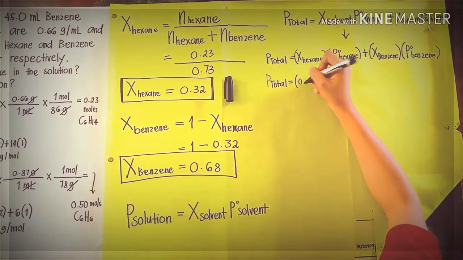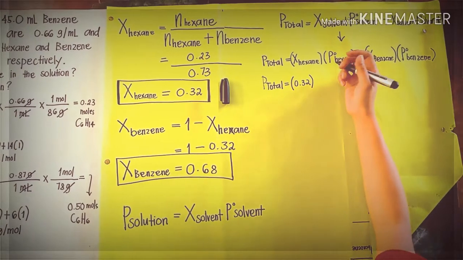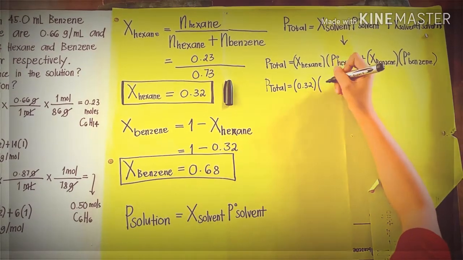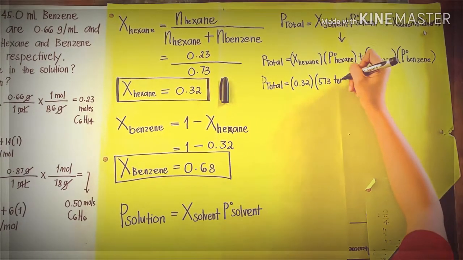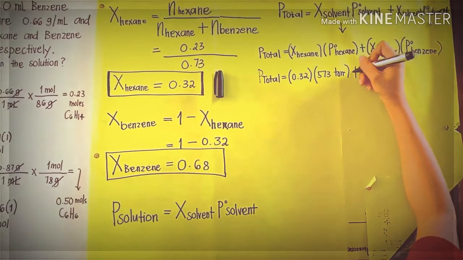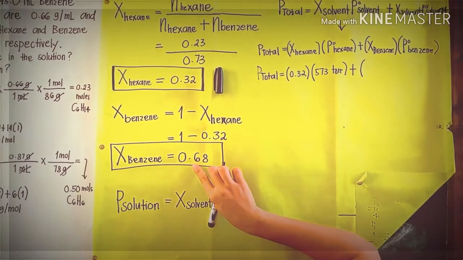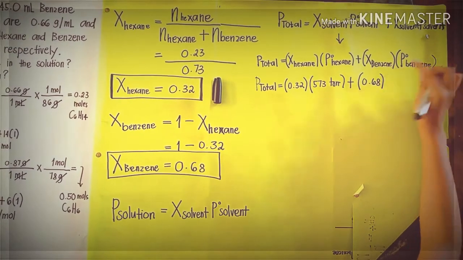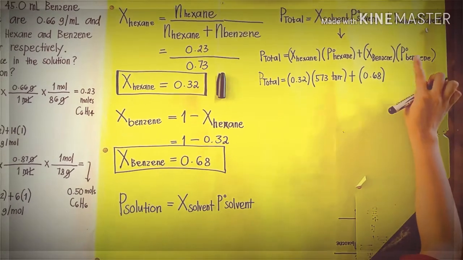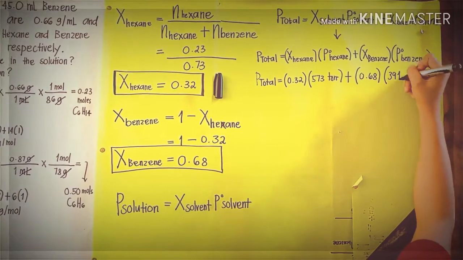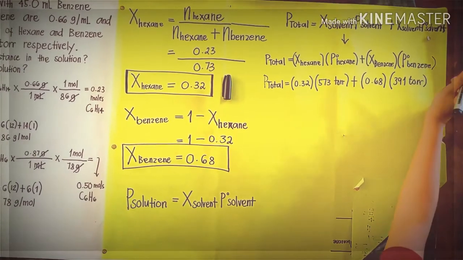So the mole fraction of hexane, 0.32, is multiplied by its standard vapor pressure, 573 torr, plus 0.68 mole fraction of benzene multiplied by its standard vapor pressure, which is 391 torr.